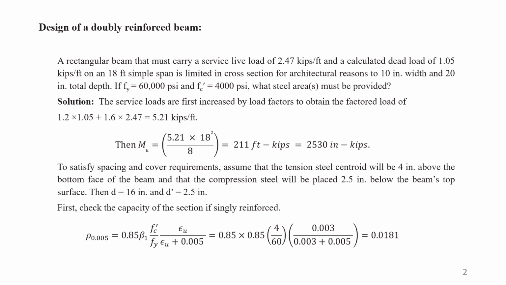And now the overall section is given as 10 by 20, but first of all we have to calculate the effective depth of this section. For calculating the effective depth, normally if you put one layer of rod at the bottom, then we deduct 2.5 inch, and if we place 2 layers of rod, then we have to deduct about 4 inch from the total depth.